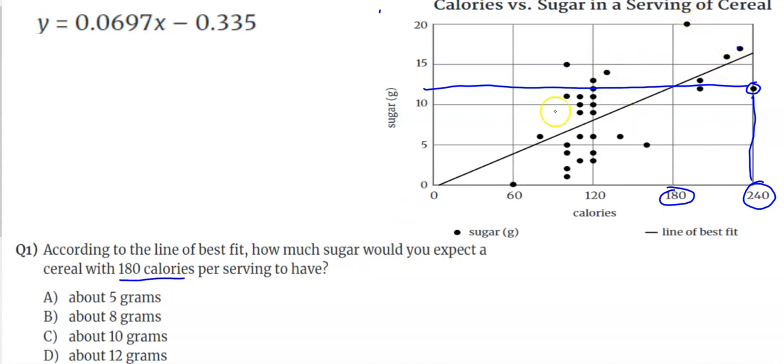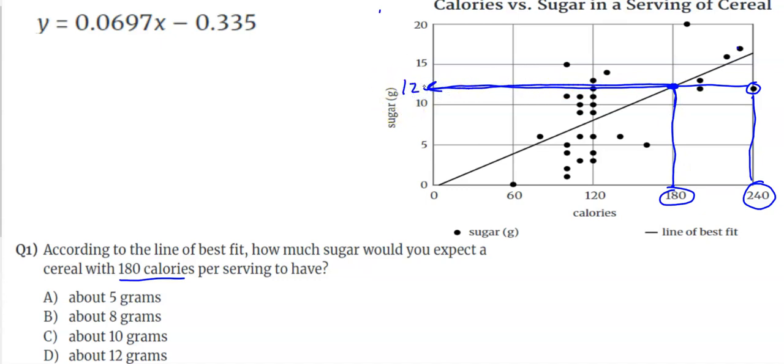And so each one of these points is an actual cereal. The line of best fit doesn't necessarily have any of those points on it, but it's kind of like an average. It's a predicting line that we use to make predictions. So 180, there's no actual point, so we're going to use a prediction line here. If you go up to the line and go over, you can see around 12-ish.